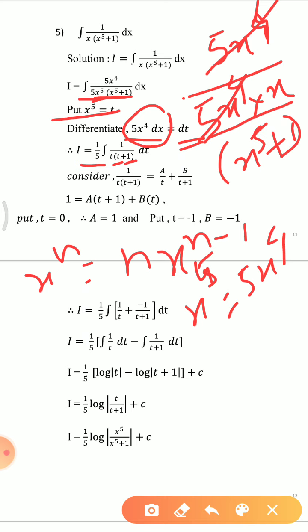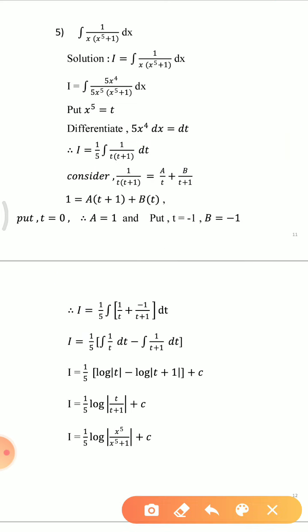Then we have to consider 1 upon t into t plus 1, that is a rational form, and we have to convert it into partial fractions, that is a upon t plus b upon t plus 1. After cross multiplication, this equation becomes 1 is equal to a into t plus 1 plus b into t.